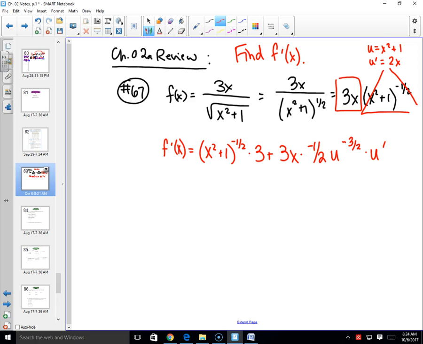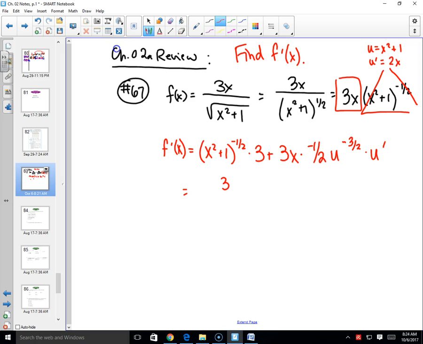What's -1/2 minus 1? -3/2, times u prime. But ultimately, do we need to go back to the x stuff? Yes, we need to plug back in, but if you want, we can do that in the next step. So it's u to the -1/2, bring down the -1/2, make it -3/2 times u prime.